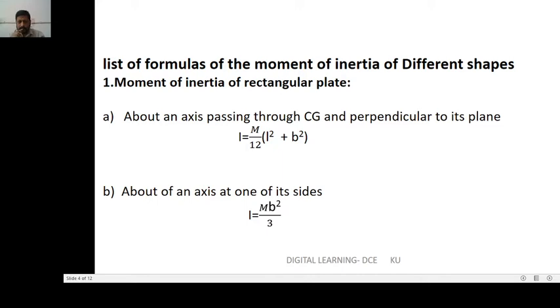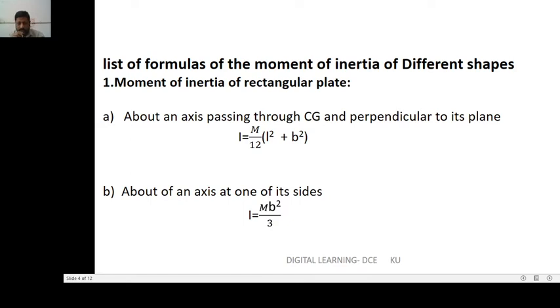The moment of inertia is discussed about two axes. First, about an axis passing through the center of gravity and perpendicular to its plane, and then moment of inertia is studied about an axis at one of its sides. The expression for the moment of inertia about an axis passing through the center of gravity and perpendicular to its plane is given by the formula I equals m divided by 12 into L square plus B square.